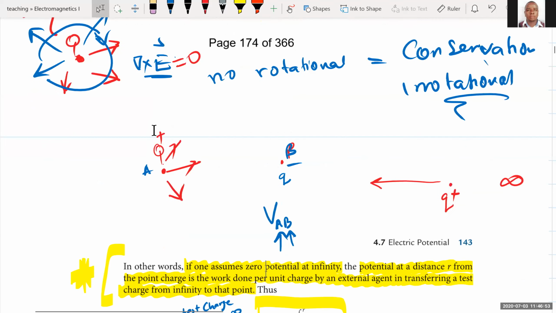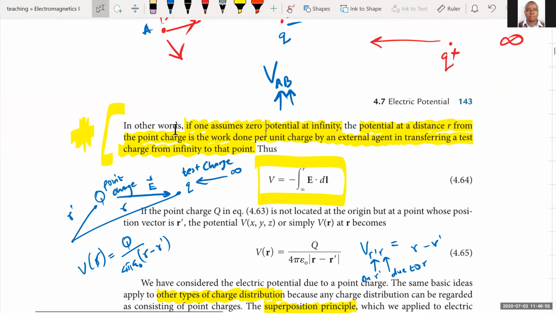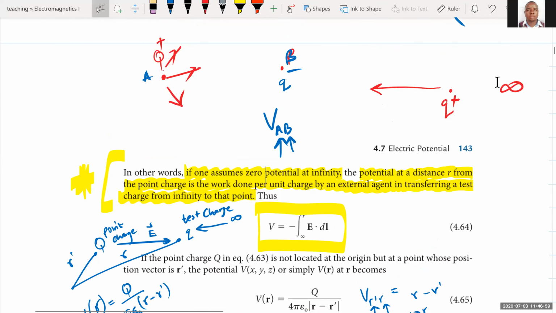In other words, if one assumes zero potential at infinity, we always consider that the potential at infinity is zero. It keeps increasing as you move from infinity towards your point of observation, point B. That is one assumption that we always make.